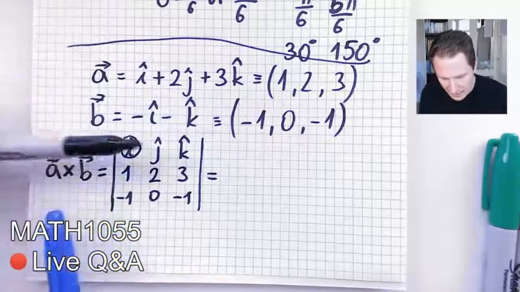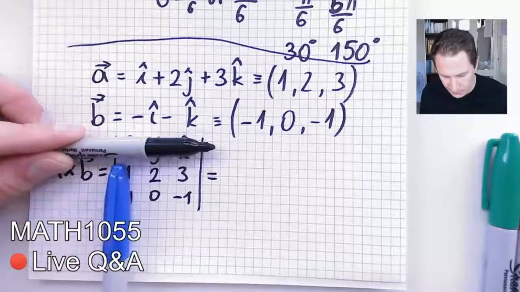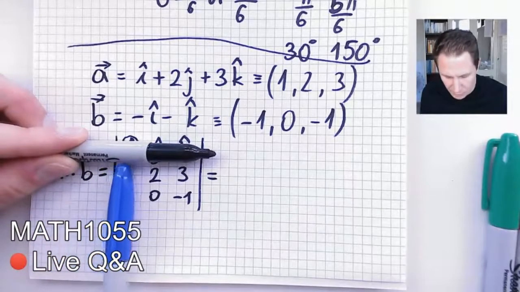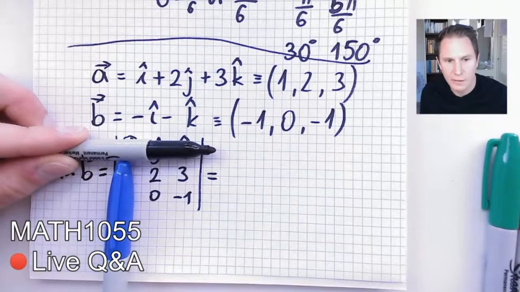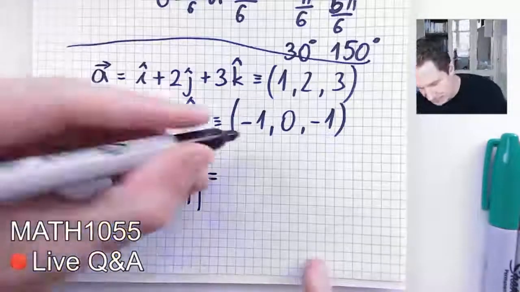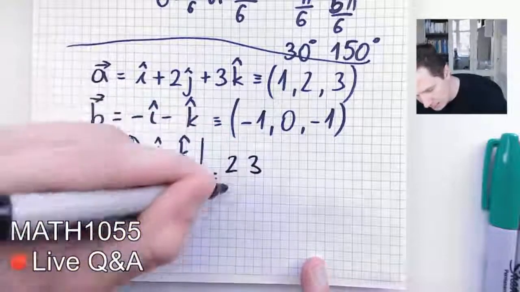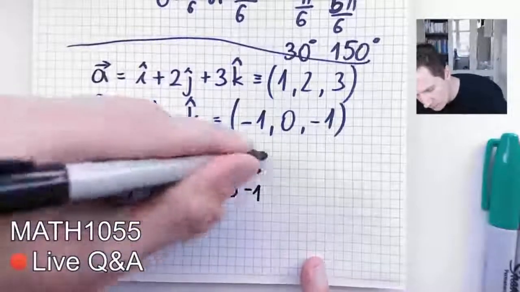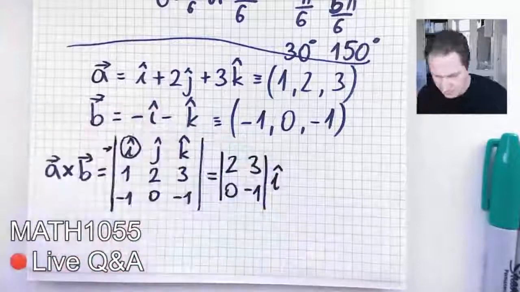So if you take i hat, you are covering up the first row and the first column, and you have this 2x2 determinant left over. So that's 2, 3, 0, and -1 times i hat.